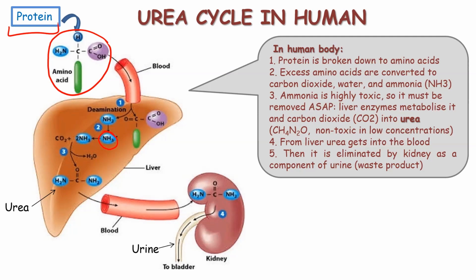And since it is highly toxic, we need to inactivate or detoxify it. So we have a special organ called the liver. And in this liver, we have addition of CO2 and 2 ammonium molecules with the output of water. And then we have this urea.